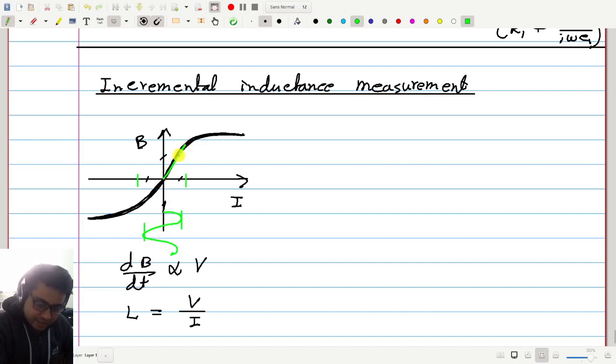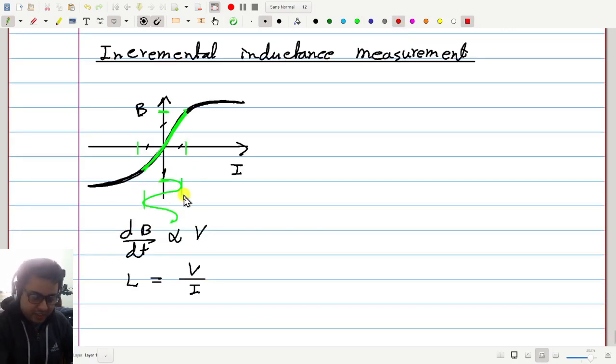The flux B will vary from here to here. So this much is the flux variation. We have a significant amount of flux variation, and therefore we will get some amount of voltage also.